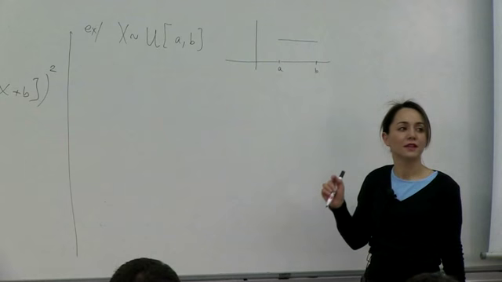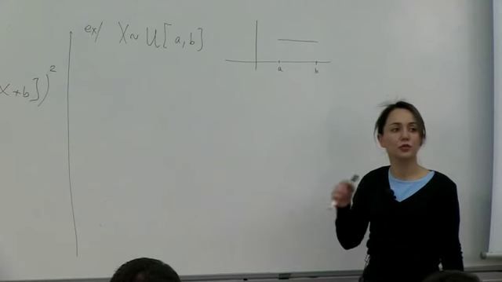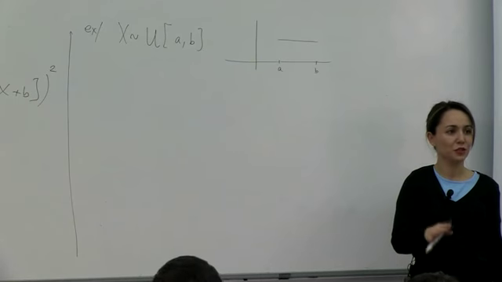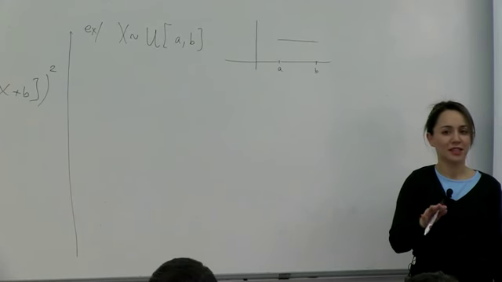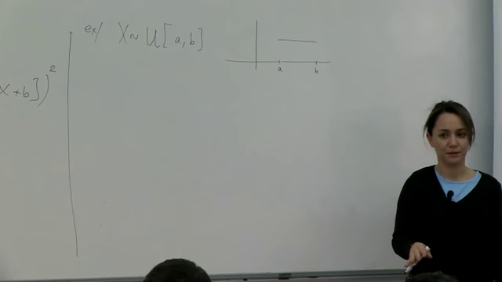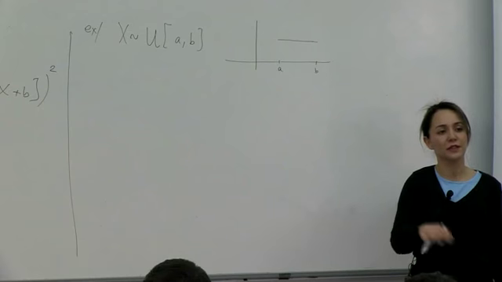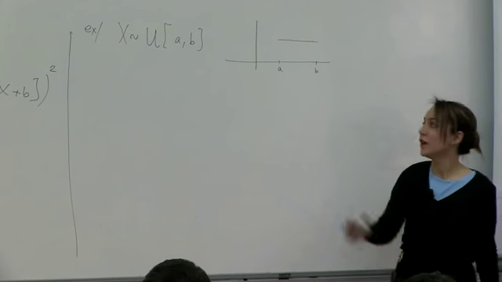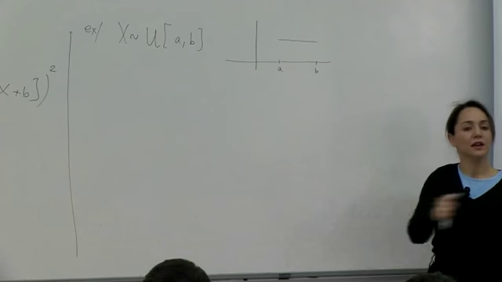By the way, densities do not always have to be continuous. Continuous random variable means it has a density. A random variable is continuous if it has a density function. A density function is not necessarily continuous. But in this example, it is.